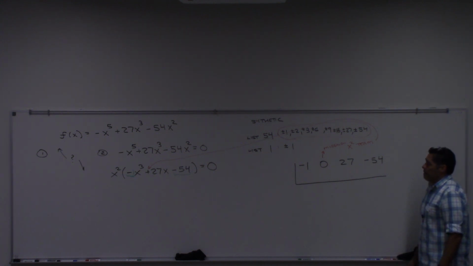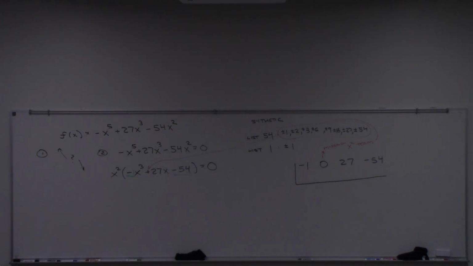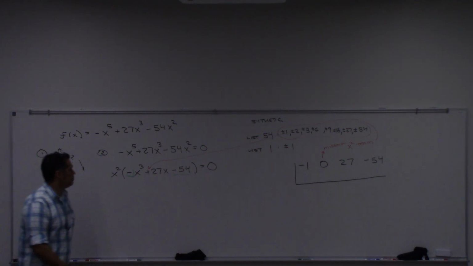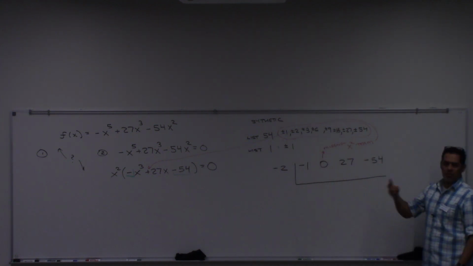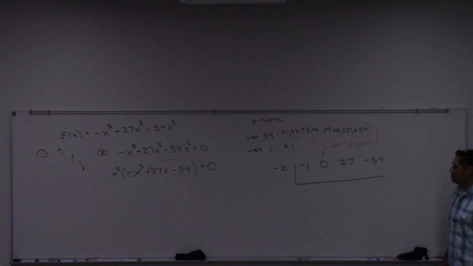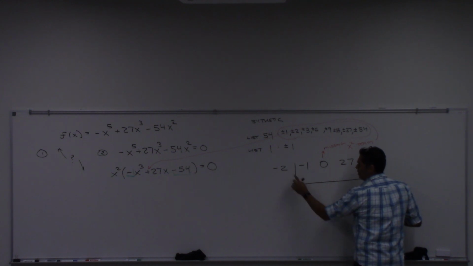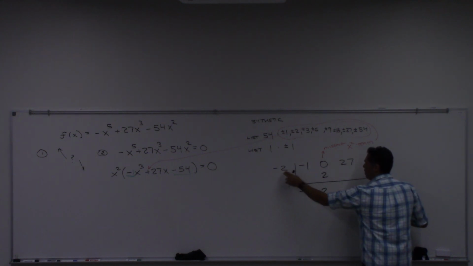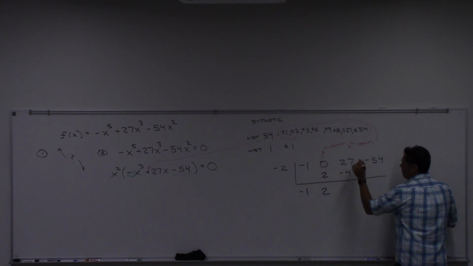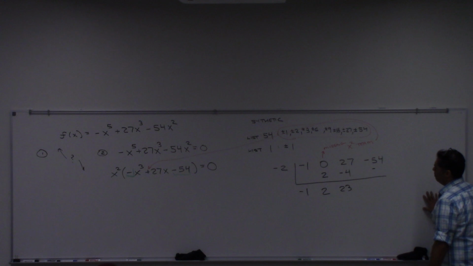All right. Now we can do synthetic division. To save us time, I'm going to tell you what works. The first number that works is negative 2. That means 1 won't work, negative 1 won't work, 2 won't work. Negative 2 is the first one that does. So negative 1 drops. Negative 2 times negative 1 is 2. 0 plus 2 is 2. Negative 2 times 2 is negative 4. 27 take away 4 is 23. Hold on.